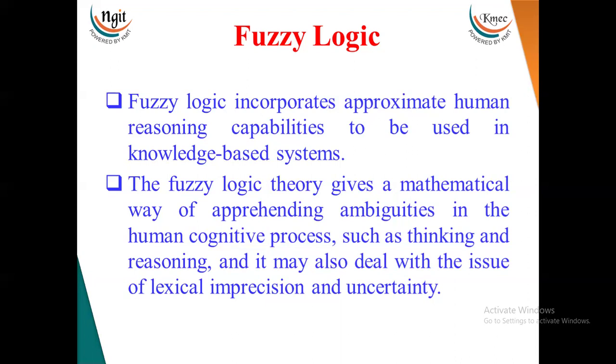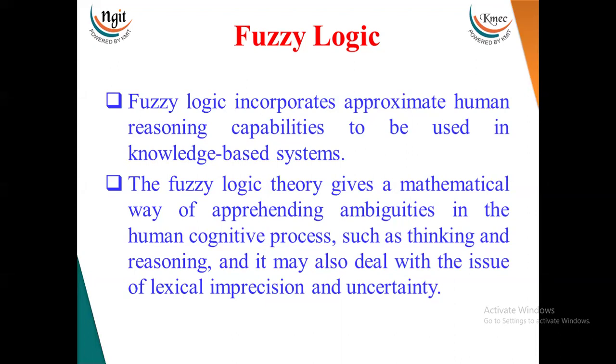It will create the rules according to previous situations, because all our soft computing techniques are related to learning and adaptation. It will learn from previously existing problems and solve the real-time problems which exist now.